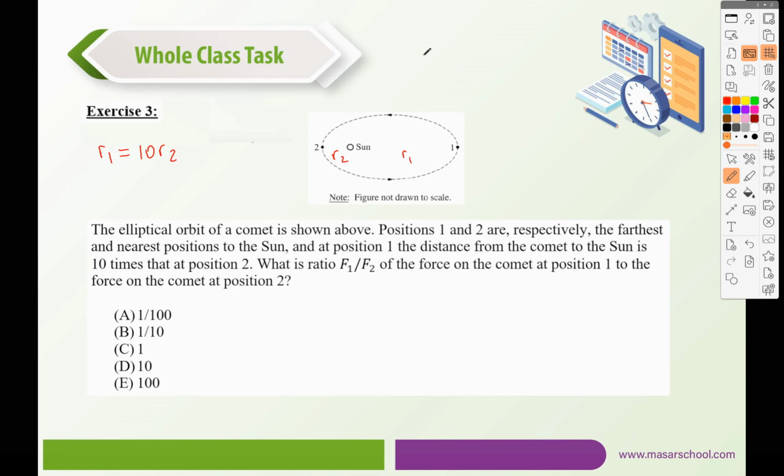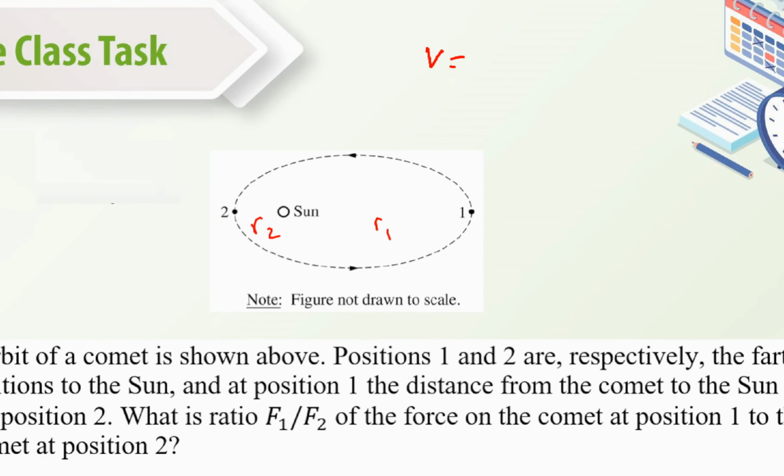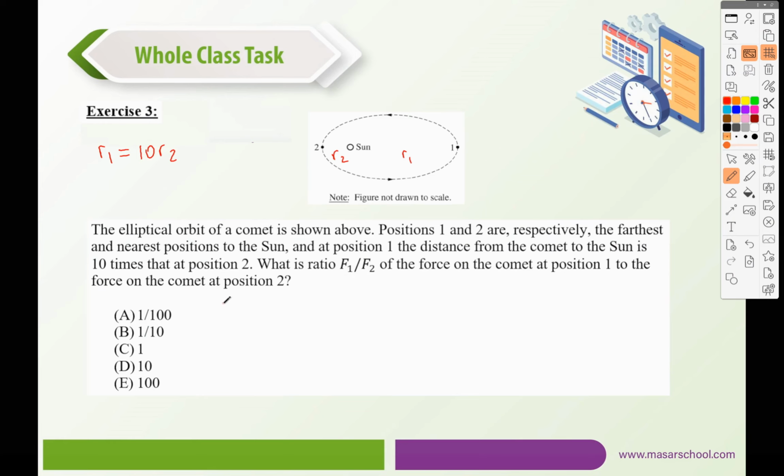The thing is that we cannot use the relations given by v equals the square root of Gm over R, or the period given by the square root of 4 pi squared R cubed divided by Gm. These cannot be used. However, we can always use that the force is given by G m1 m2 over R squared. Then F1 over F2 would be G m m over R1 squared divided by G m m over R2 squared, in which m represents the masses of the Sun and the comet.